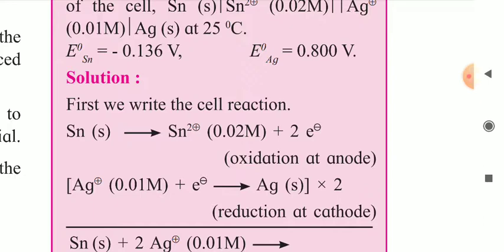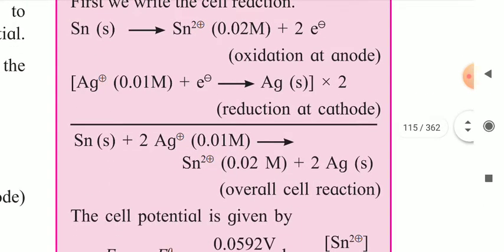On the basis of that principle, first we write the oxidation reaction for the left hand side cell, that is the tin cell. Sn gives Sn2+ plus 2 electrons, oxidation at the anode, and for the silver electrode an electron is added, so reduction takes place, reduction at the cathode.